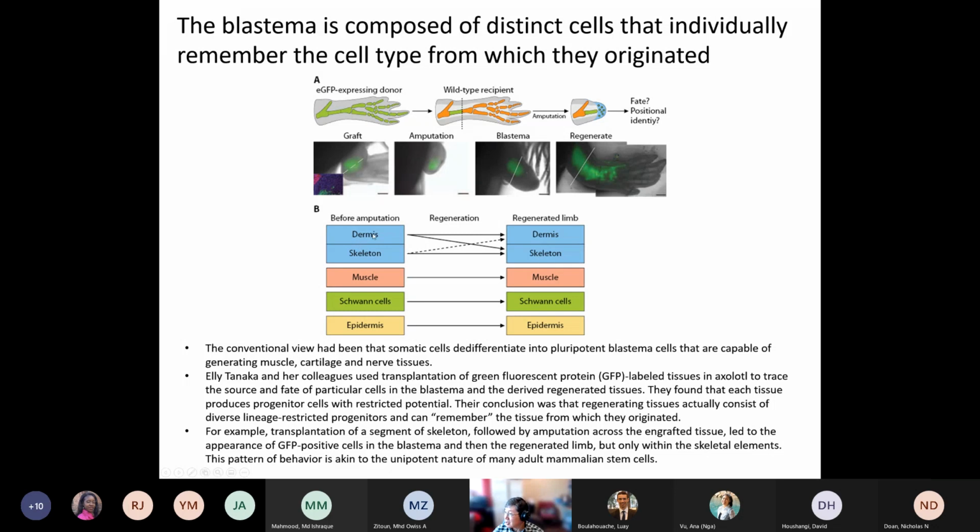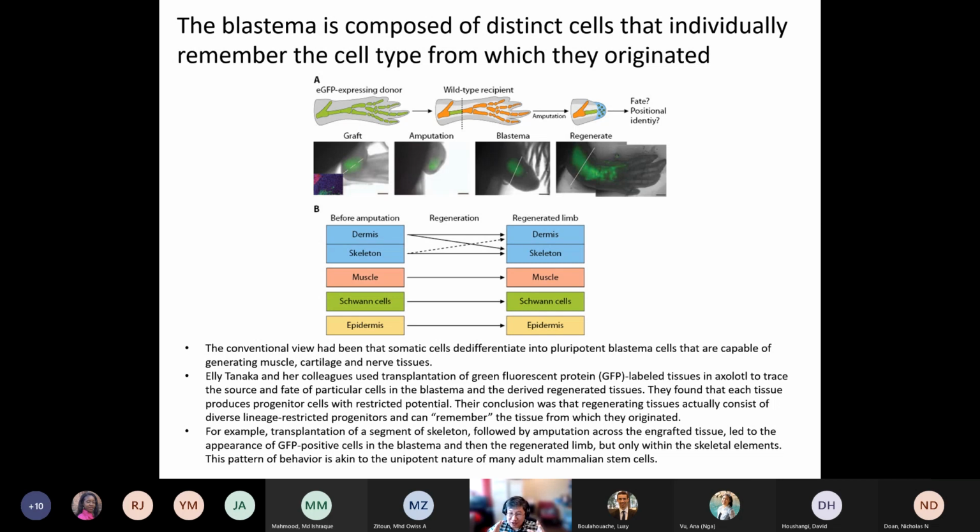But sometimes the dermis can give rise to both dermis and skeleton. So the dermis can become a blastema cell that has some kind of multipotency. Only for the dermis cells that have multipotency, now they can become dermis and skeleton. That's their conclusion here. That's amazing. That's big.